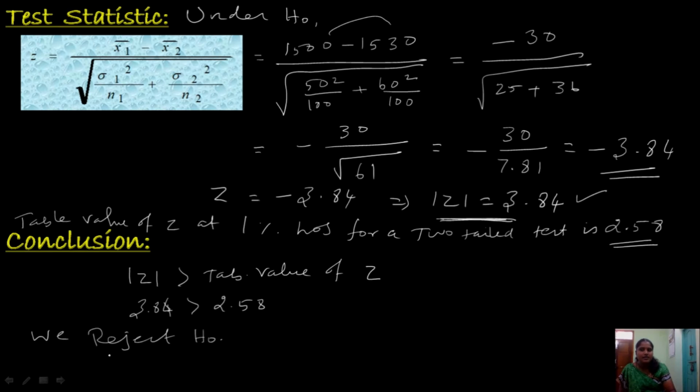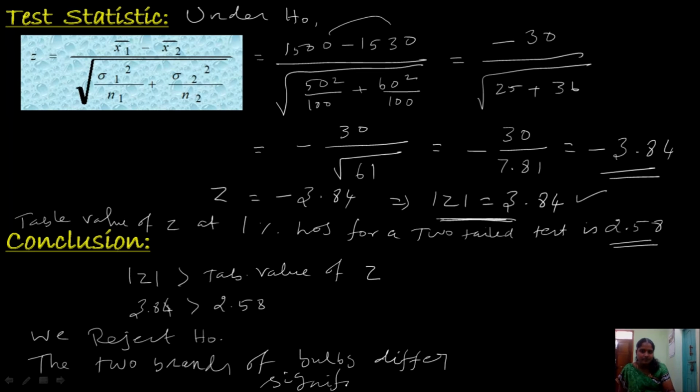Alternatively, we accept the alternative hypothesis H1. That means the two brands of bulbs differ significantly in quality. This is the conclusion we have arrived at based on the observation given.